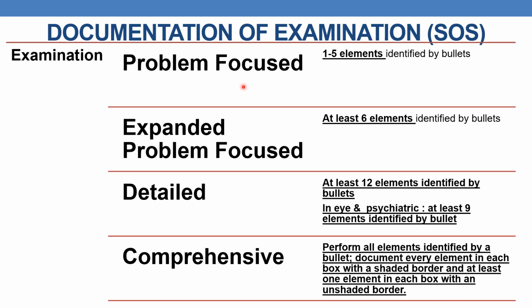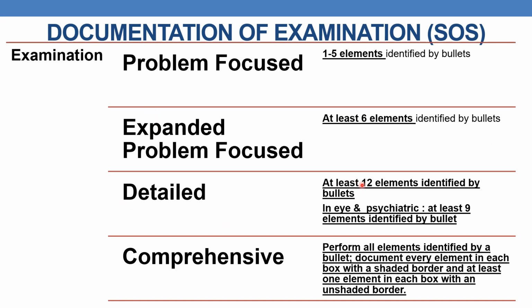According to single organ system examination, for problem focused, 1 to 5 elements identified by bullet, whether in shaded or unshaded box. That is the only difference. Additionally, in case of detailed examination, there are two categories. For expanded problem focused, at least 6 elements must be identified by bullets.